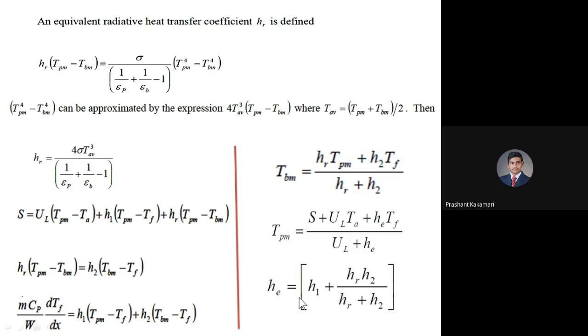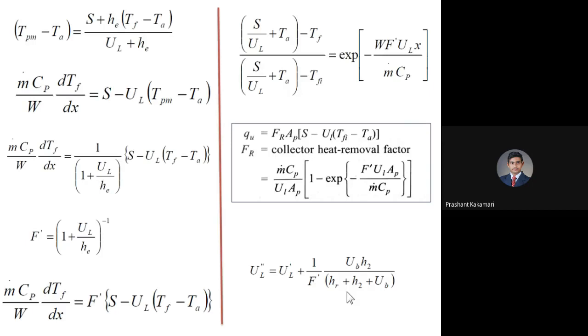So that effective heat transfer coefficient we are writing in this way. Once we substitute all these values in the absorber plate equation, we can write TPM minus TA, that is the difference between the mean temperature of the plate and the ambient temperature, as S plus HE into TF minus TA, where S is the solar flux falling on the absorber plate, and TF is the mean fluid temperature, or the average air temperature.